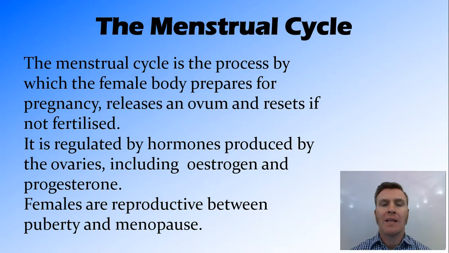Now, before we get into the cycle, it generally runs on a 28-day period. But this is not true for everyone. In fact, it generally is not true for anyone. Normal can be considered anywhere from about 18 days up to about 35 days.